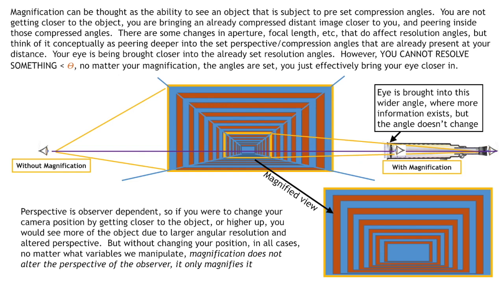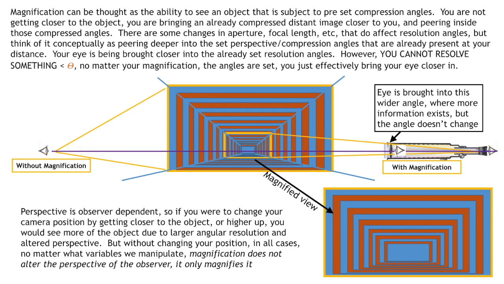That's important to know. There are some changes in aperture and focal length, etc., that do affect the resolution angle, but think of it conceptually as peering deeper into the set perspective or compression angles that are already present at your distance. Your eye is being brought closer into the already set angles. I can't stress that enough.